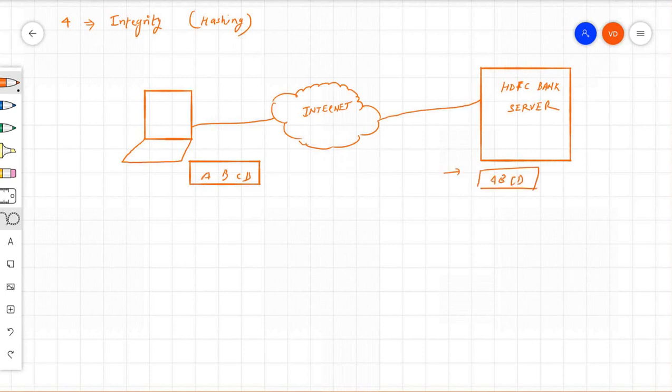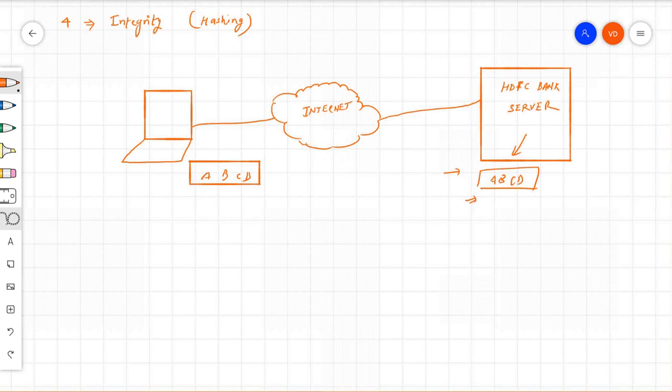And the receiver should be sure that whatever the sender is sending me is exactly this message. This is the purpose of integrity, so that the receiver can prove that yes, this is the message sent by the sender. And how can we do that?